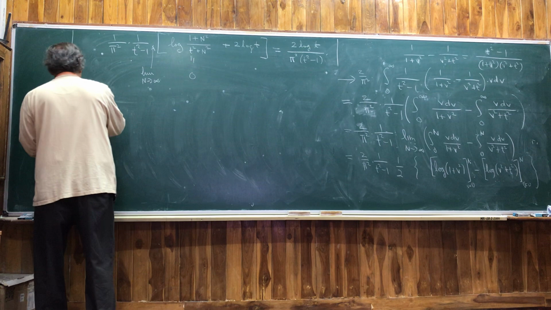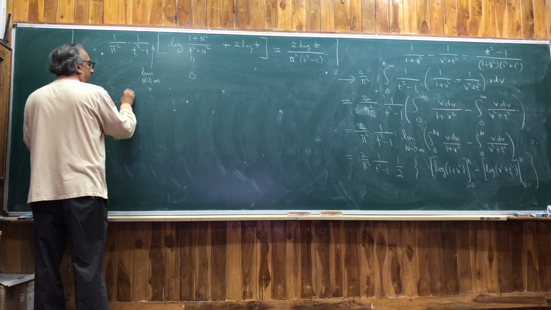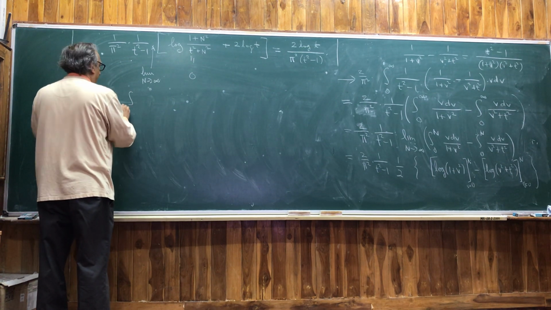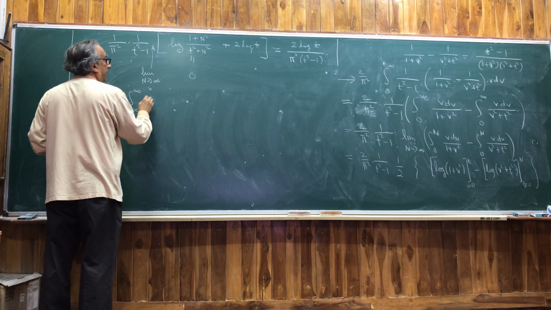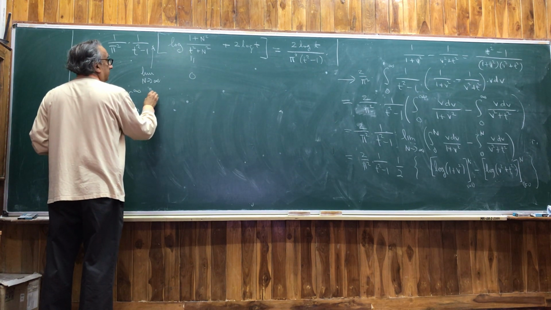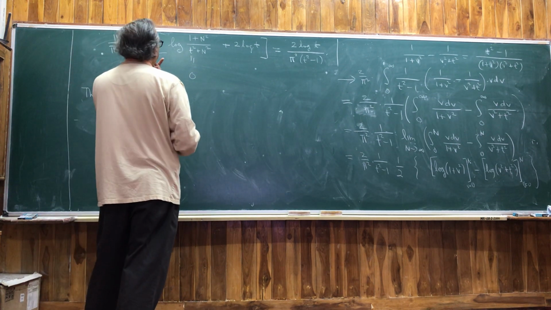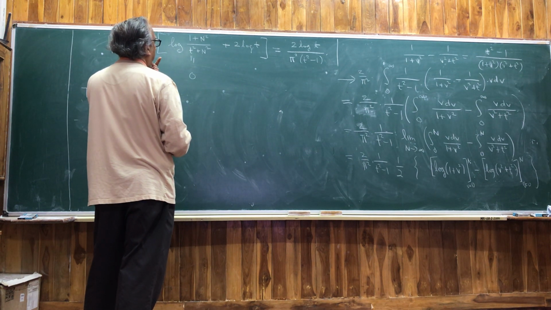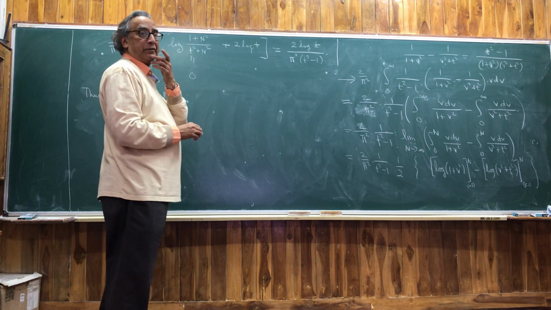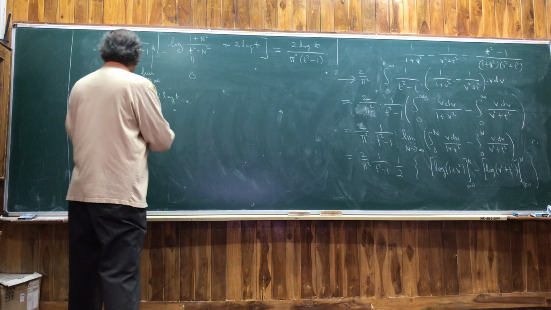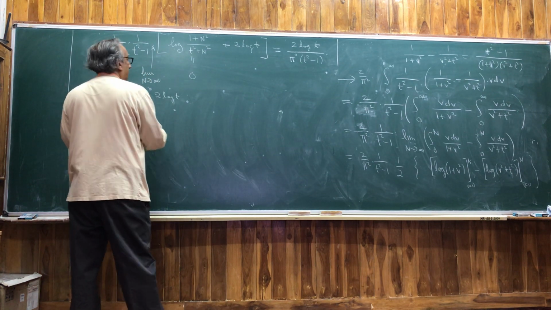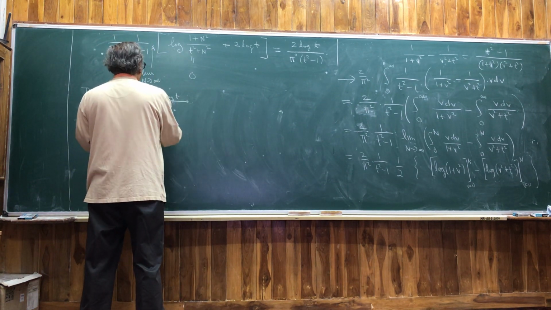Plus the integral from minus infinity to infinity of 2 log t. Did I somewhere along the line restrict my attention to t positive? Yeah, I did. Okay. So we'll just say this is 2 log t over pi, greater than 1.